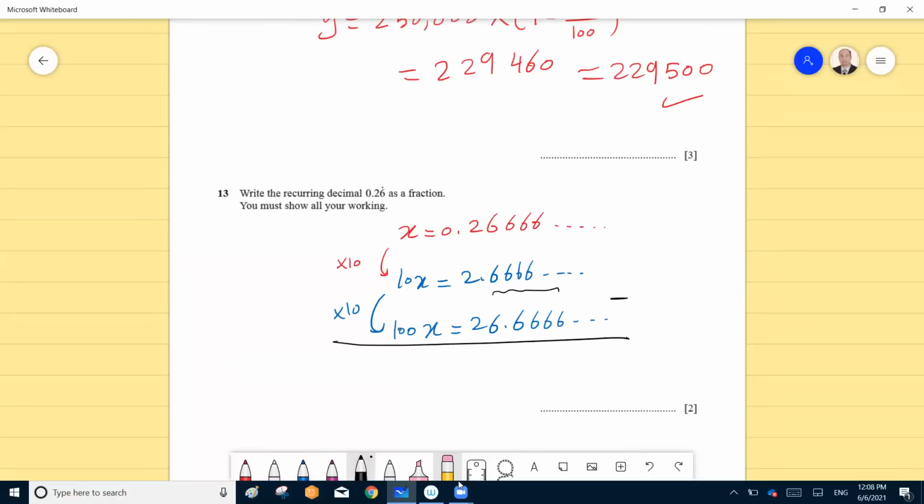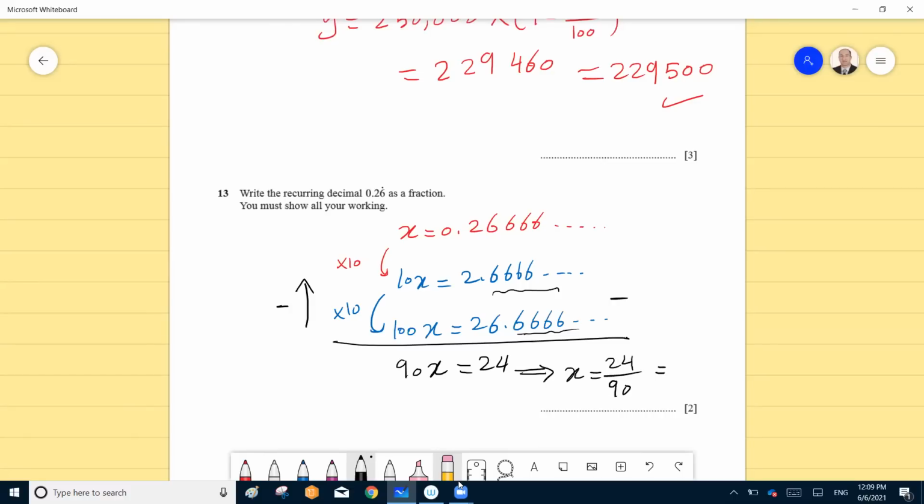This recurring part is the same as this recurring part. So 100x minus 10x is 90x. Of course, you can subtract the other way, no problem, but the bigger minus the smaller avoids getting a negative value. 26 minus 2 is 24. So simply divide each side by 90. So you have x equals 24 over 90.